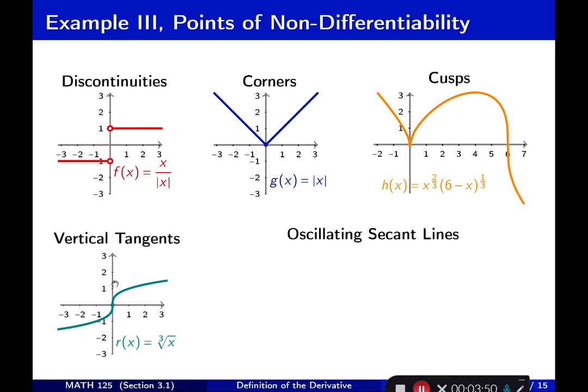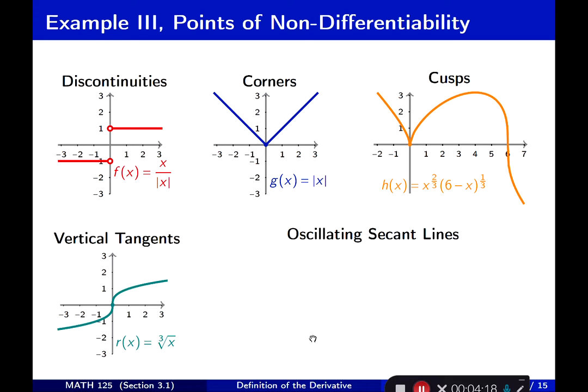And then vertical tangent lines don't count, because if the limit is infinity and the derivative is a limit, we say that the limit doesn't exist. So a vertical tangent line is also a place where the derivative doesn't exist. This example is the third root of x, and there's a vertical tangent line.